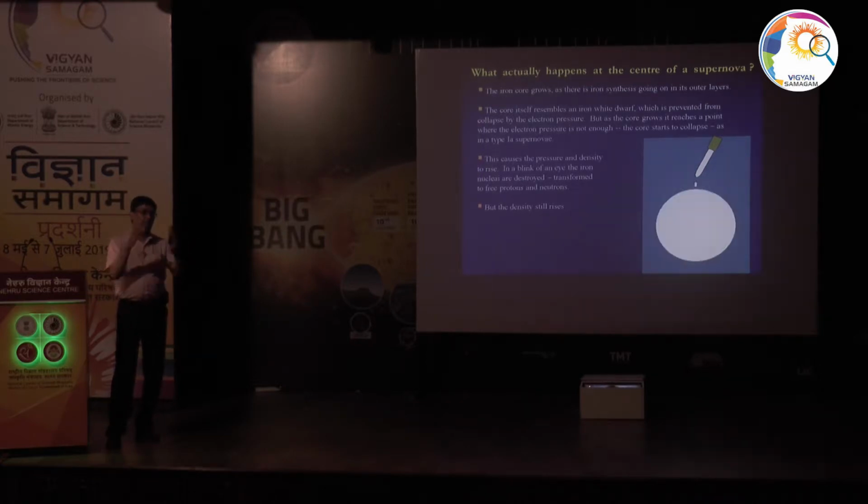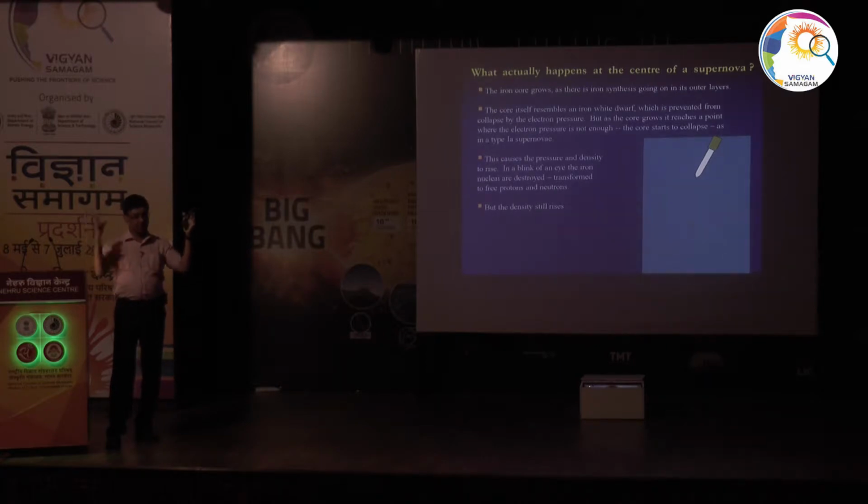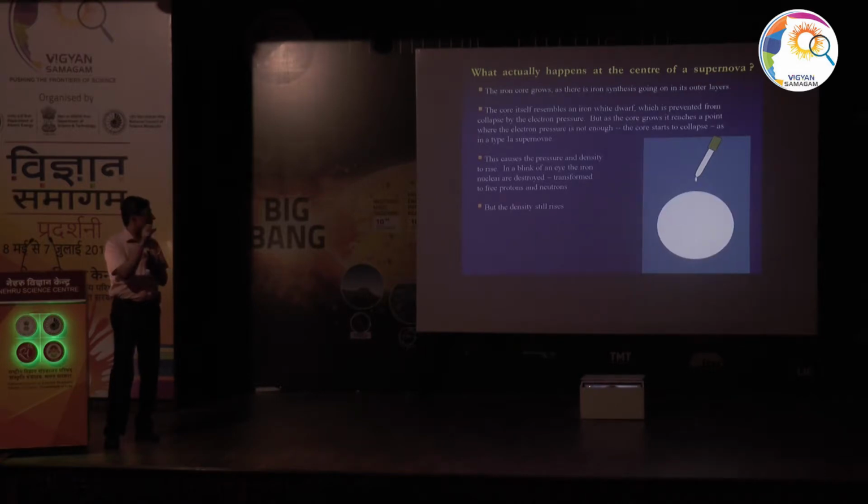Now imagine somebody trying to press and compress this. You would think that the electrons would get pushed towards the nucleus of the atom because of the pressure, somebody just trying to crush it. And that is sort of what happens. The electrons combine with protons to give neutrons, and then you basically get a sea of neutrons, and there something called neutron degeneracy pressure comes in.